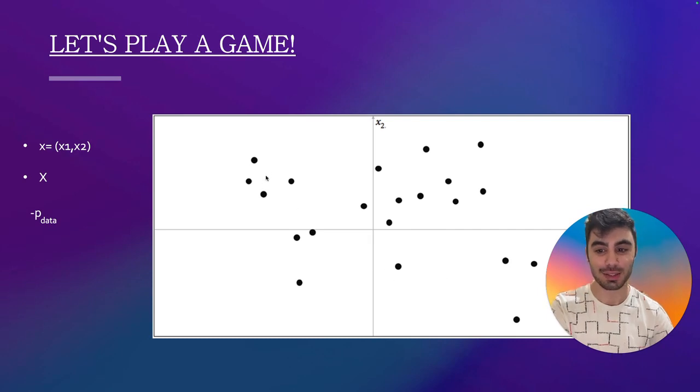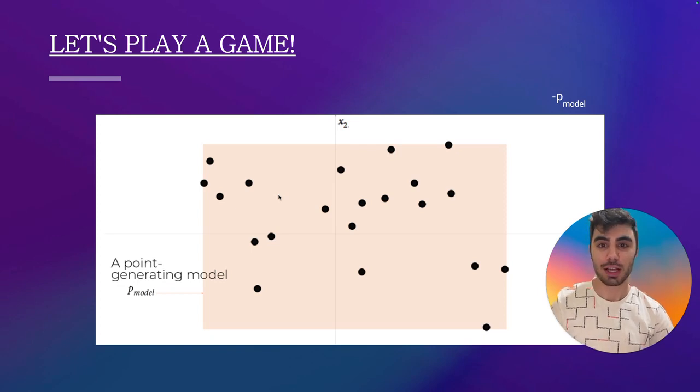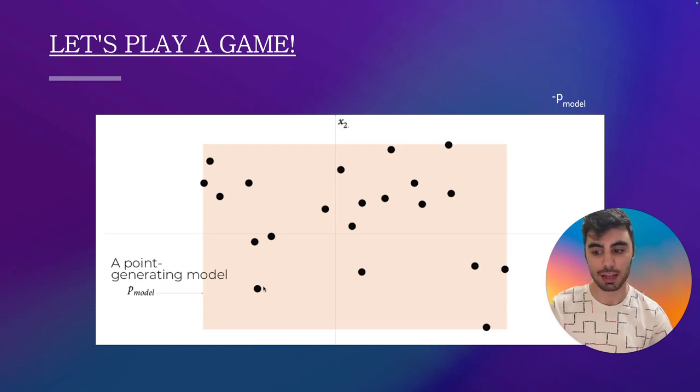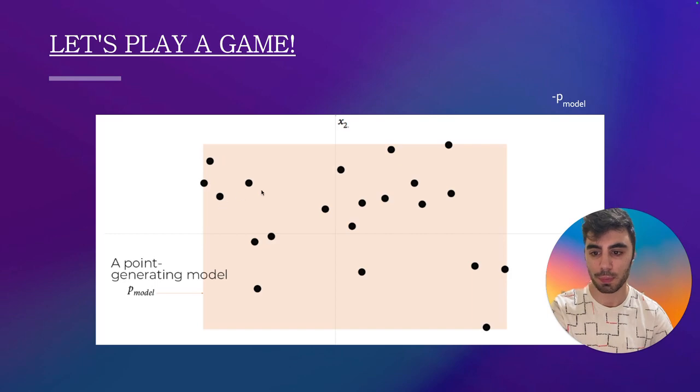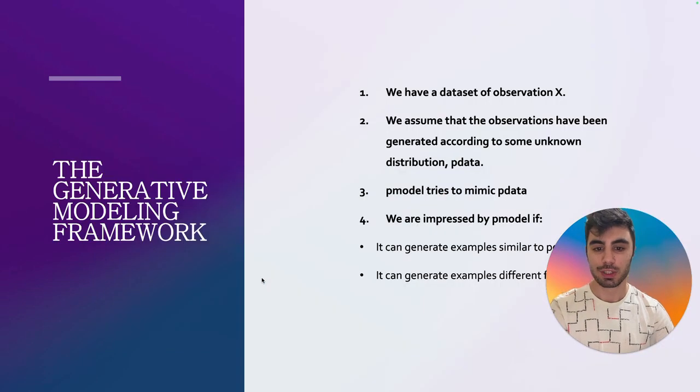I hope that you placed the points somewhere in here, okay? Anyway, what I want to tell you is our model generally tries to mimic the P data, our data. We just call it P because it starts with P, anyway, doesn't matter. Our model tries to be similar to P data, and it is kind of the same, right? As you can see here, the shape. Okay, let's move on to the next slide.